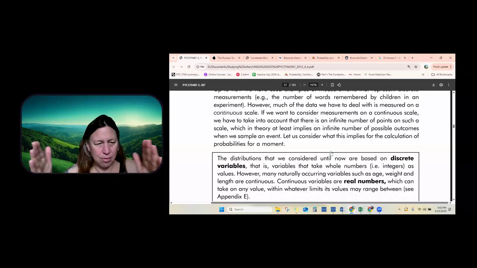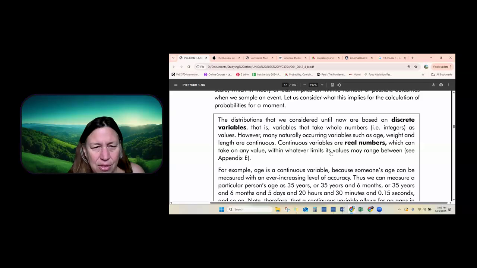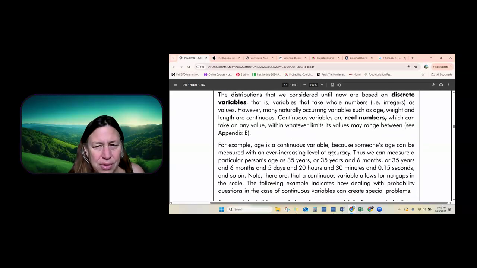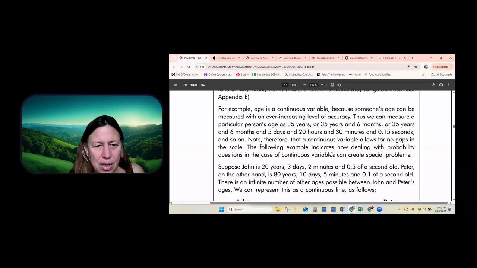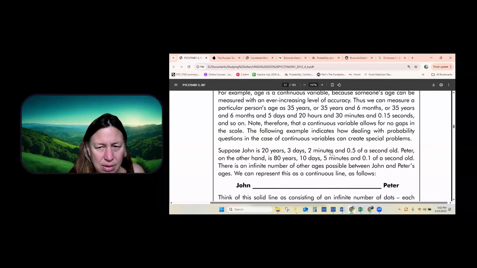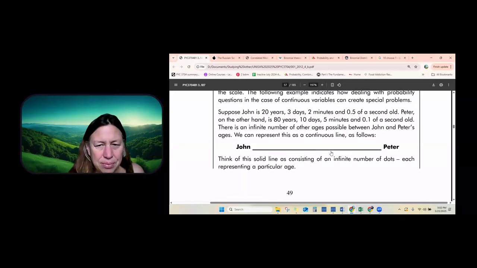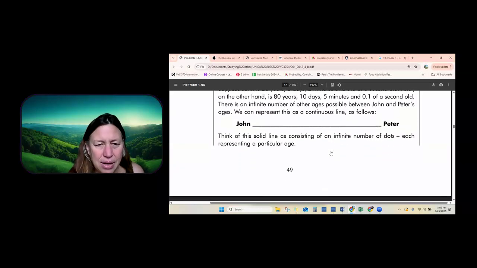And in that range, these are real numbers, and there's an infinite range of possibilities, just like there is in most of reality. So we're not just using integers, we're using real numbers. For example, age is a continuous variable. It goes down to the months, the seconds, and the fraction of a second. There's no limitation to how small it can be. It's a continuous line or an infinite number of dots.